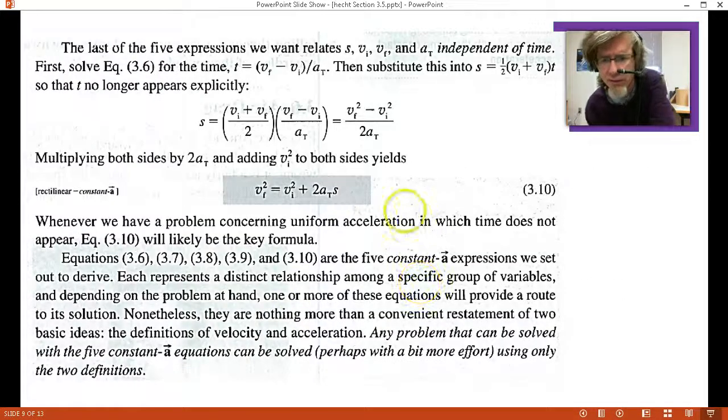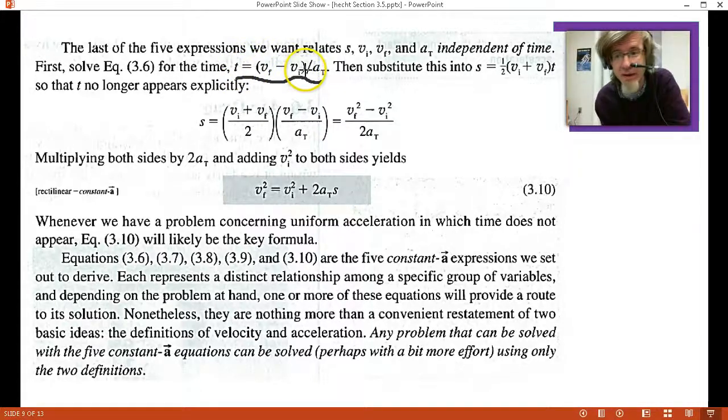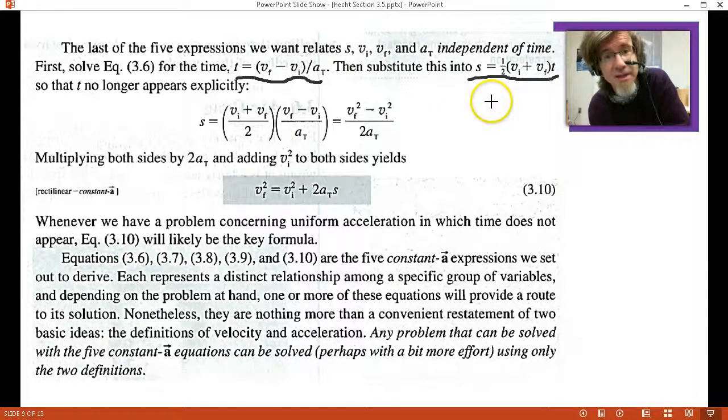So what they do in order to do that, they take the time, this is the definition of acceleration. Remember, it's final velocity minus initial velocity divided by time, but in this case it's divided by acceleration, tangential acceleration. Substitute that into this equation, which remember is distance if you know your average velocity.